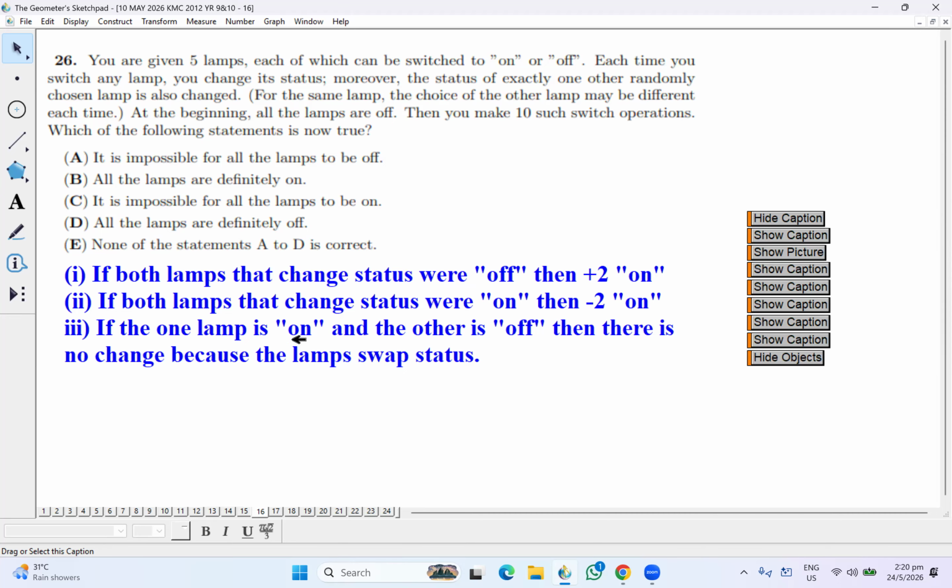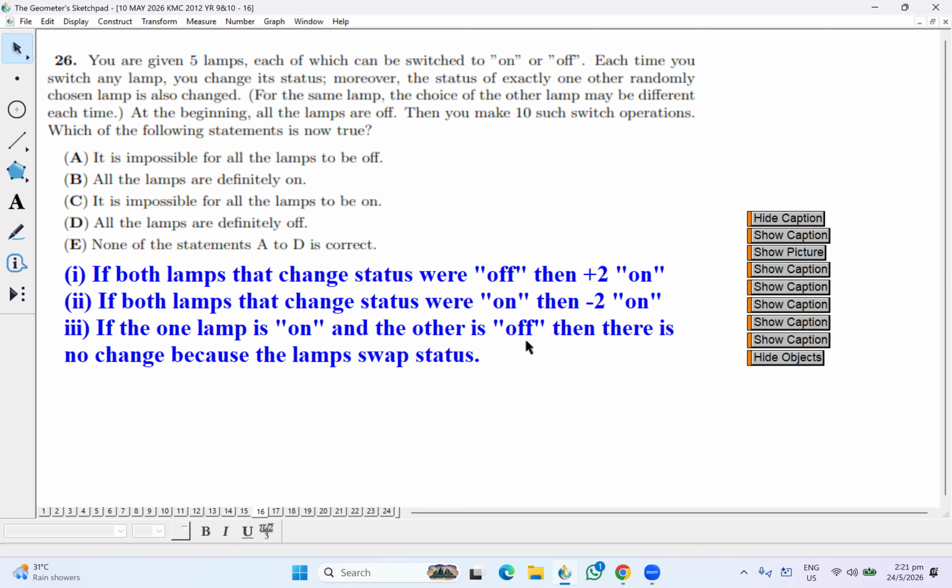But if one lamp is on and the other is off, then there is no change because they swap status. On becomes off, off becomes on. So no change in the number of on and off.